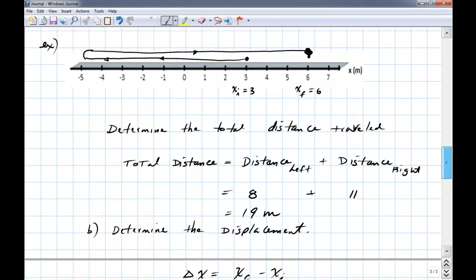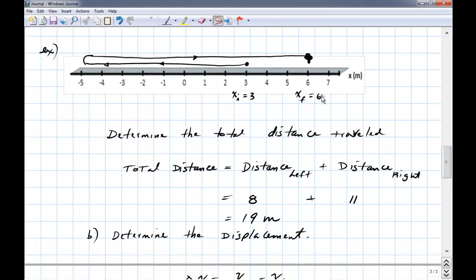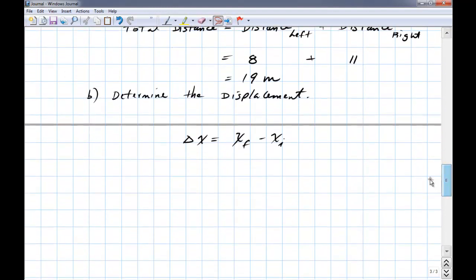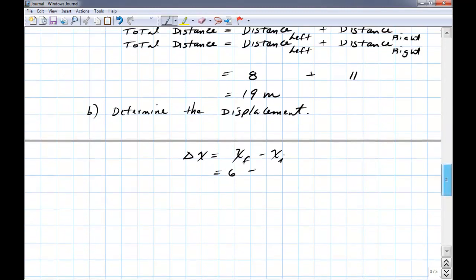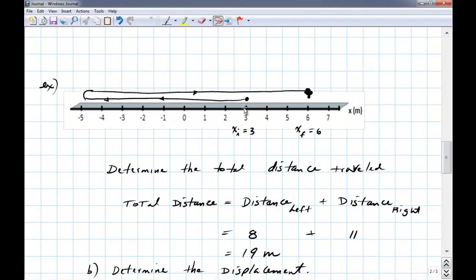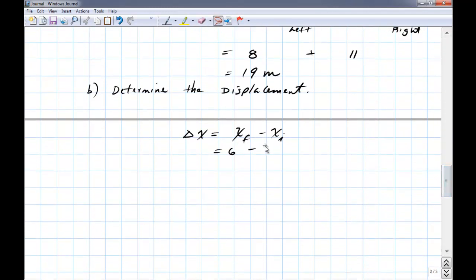In this case, x final, our final location, equals 6 meters. And our initial location, right here, equals 3 meters. And so our total displacement just equals 3 meters.